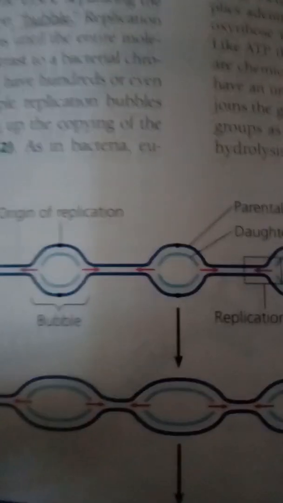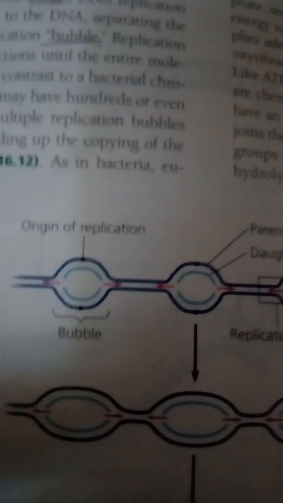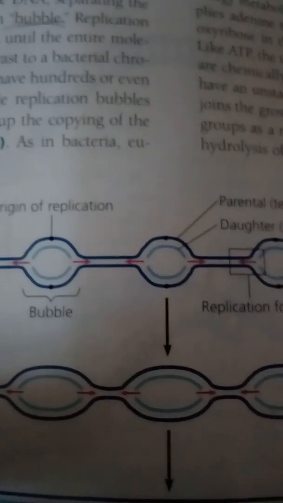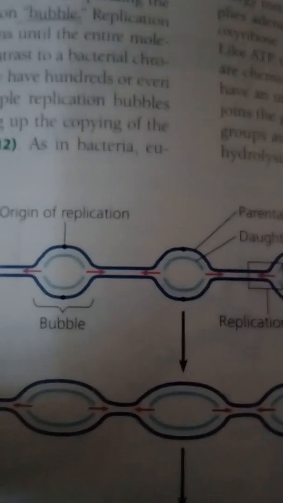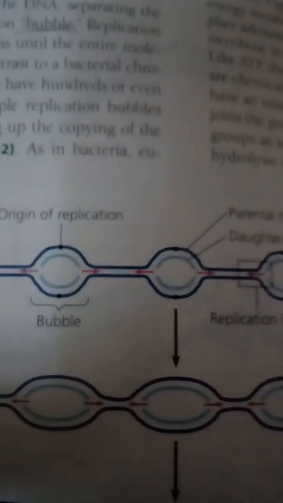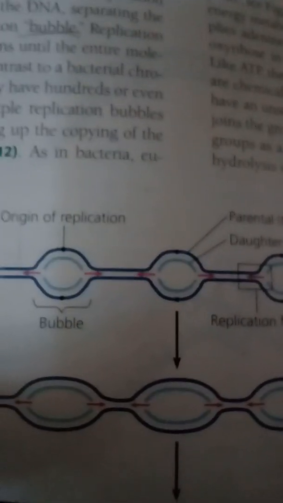As in bacteria, eukaryotic DNA replication proceeds in both directions from each origin. At each end of the replication bubble is a replication fork, a Y-shaped region where the new strands of DNA are elongating.